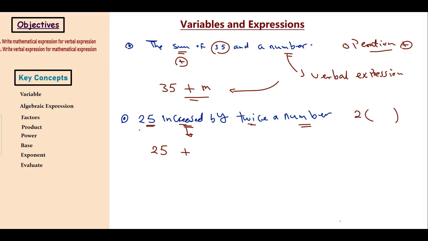So as I mentioned before, you can use any letter to express the unknown value. So I'm going to use here a letter, let's say letter K. And when I say twice a K, this is 2 times K. So this could be written as 2 parentheses K, or we can simply write it as 2K. That's it, something like this. So this is 2K.